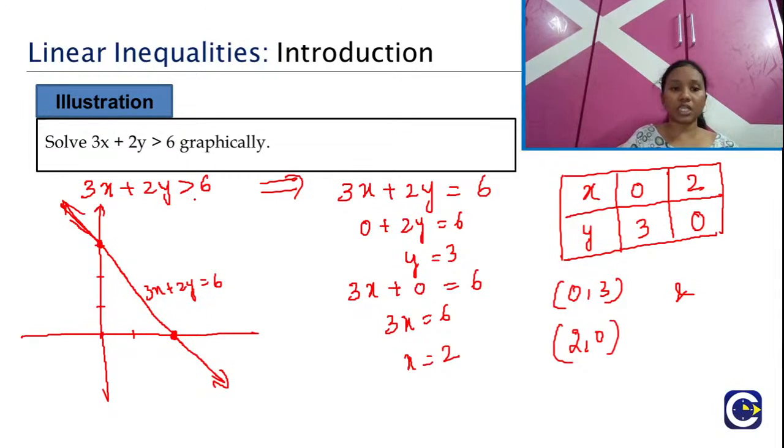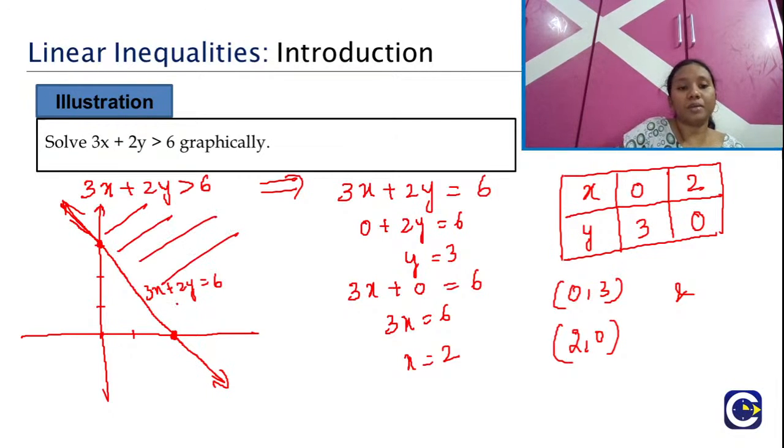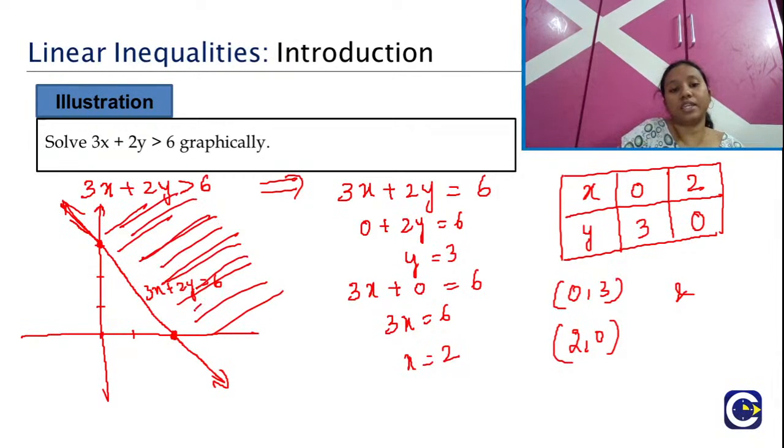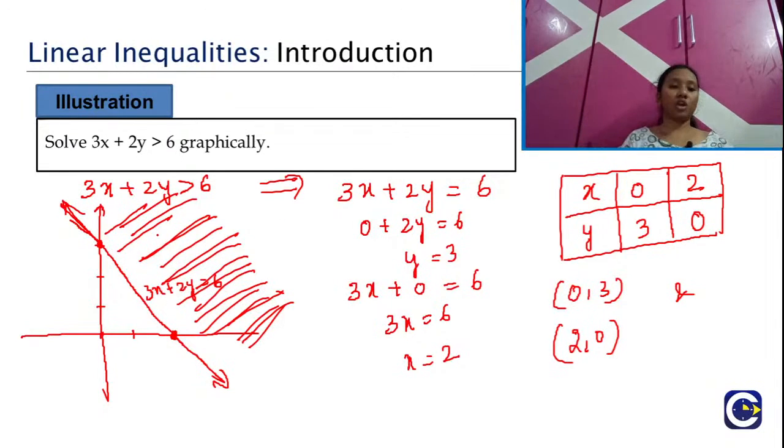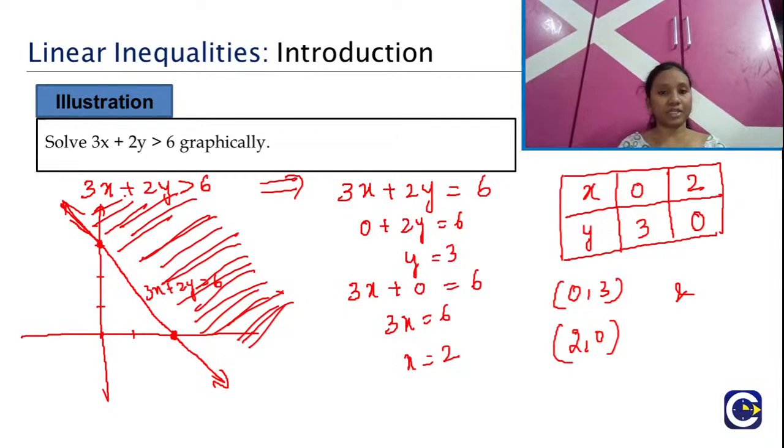Here there is no equality, so the points on the line will not be included. So only the upper part will be my solution. We can show it in this shaded area. All the points above the line will be my solution of the inequality. This is how we'll be finding the solution of linear inequalities in two variables using our graphical method.